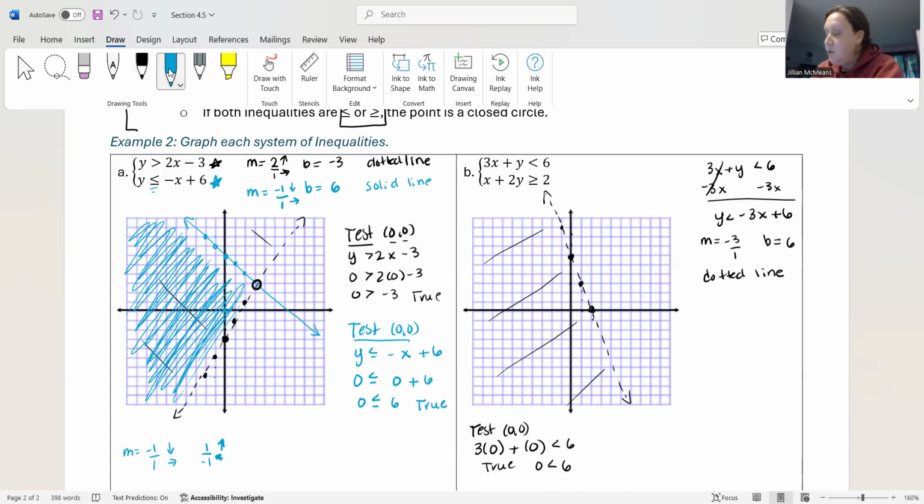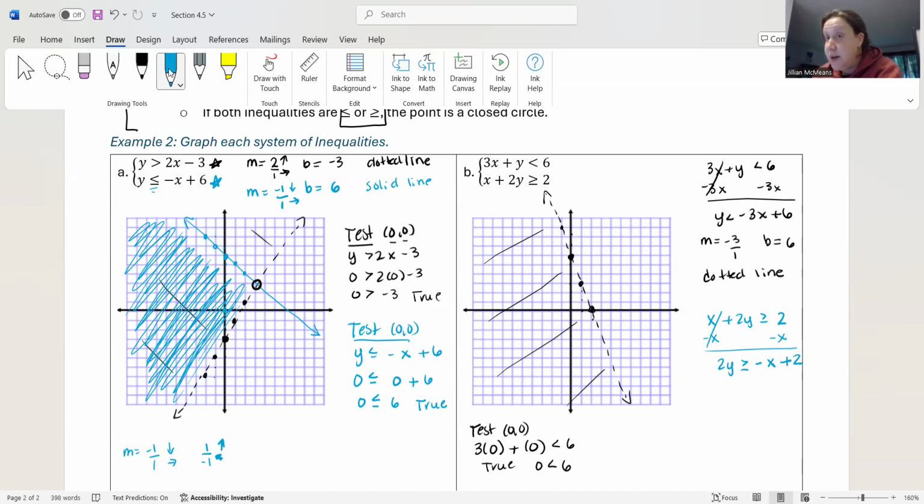Okay? Now, for the second inequality, we have x plus 2y is greater than or equal to 2. Okay, we want to solve for y again. So I would subtract my x from both sides. x minus x is 0. 0 plus 2y is 2y. And I've got 2y is greater than or equal to negative x plus 2.